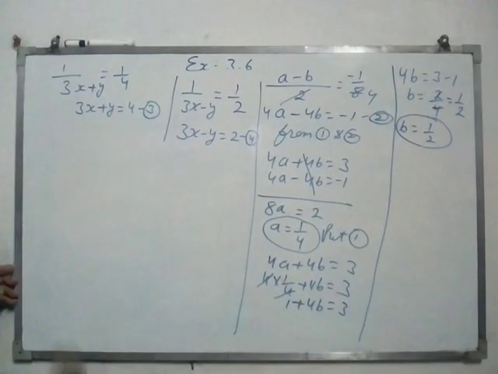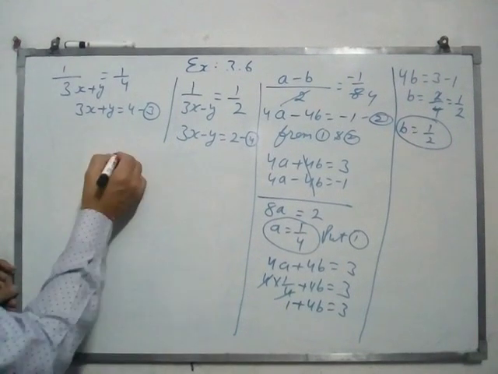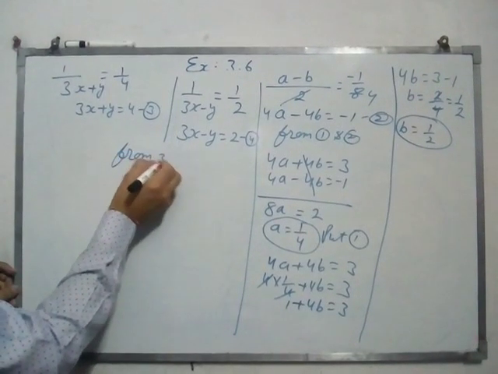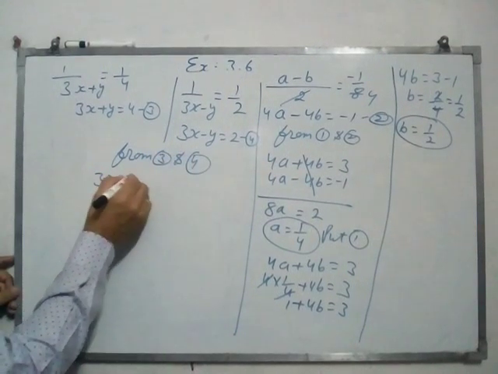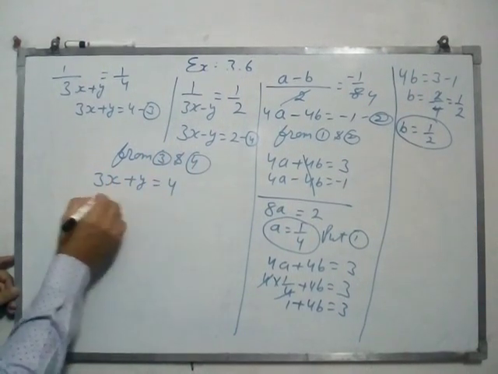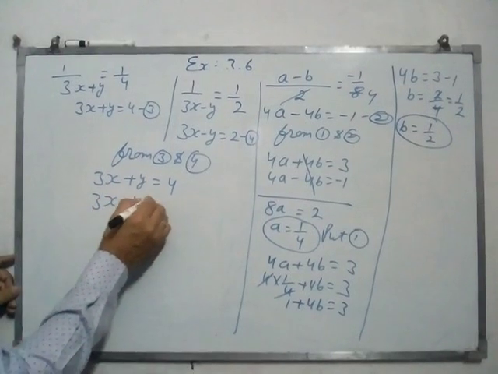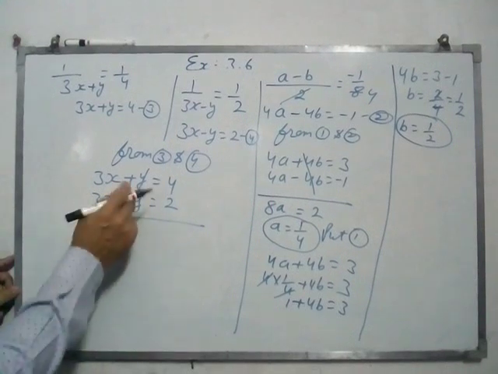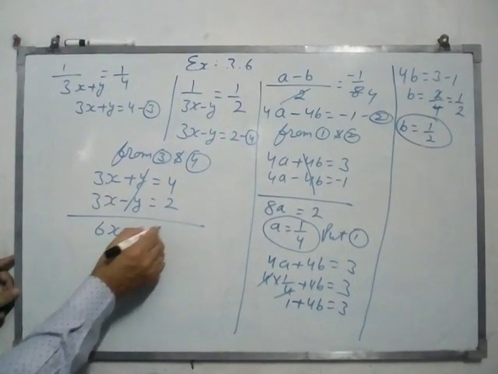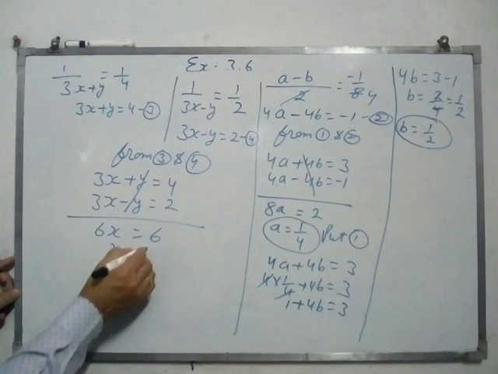So from equation number 3 and 4: 3x plus y equal to 4, 3x minus y equal to 2. Now change the signs, they cancel with each other. So it becomes 6x equal to 6, x equal to 1.